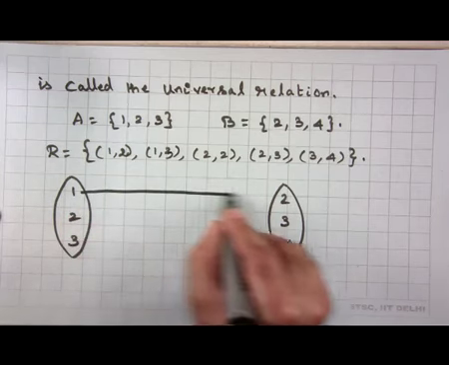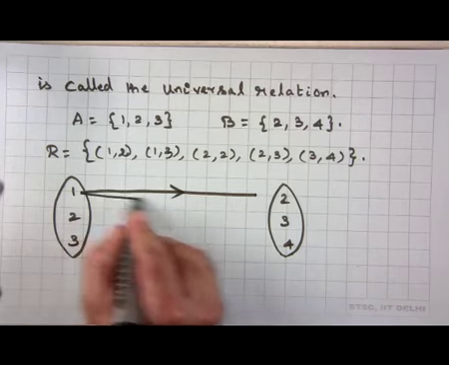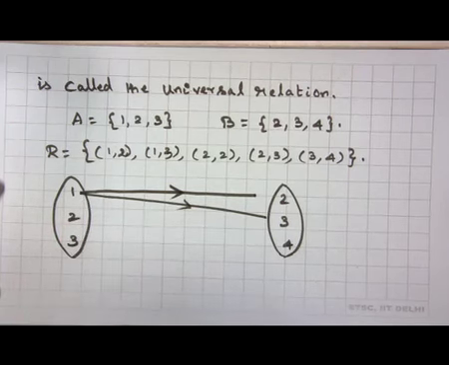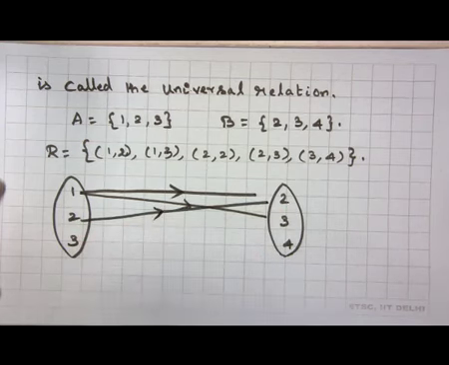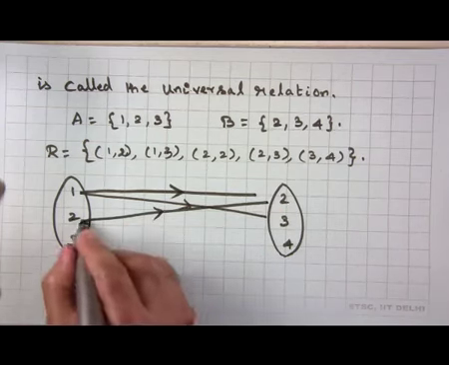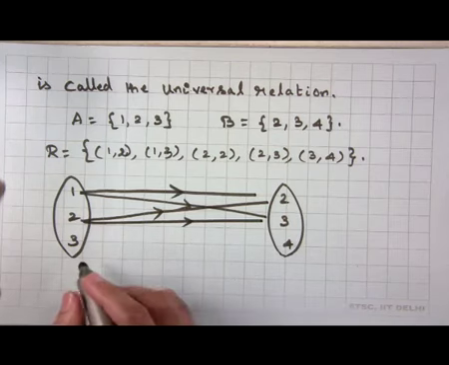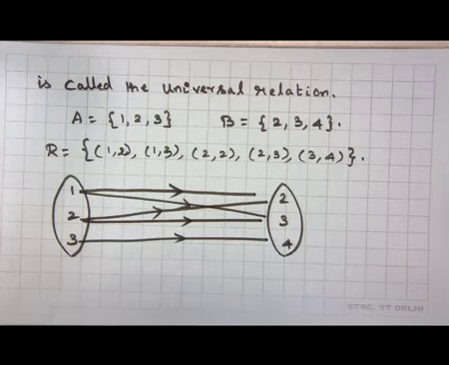So, let us draw an arrow diagram between 1 and 2. Second one is (1, 3). So, let us again draw one more line, this time from 1 to 3, third one (2, 2), fourth one (2, 3), and fifth one (3, 4). Right.